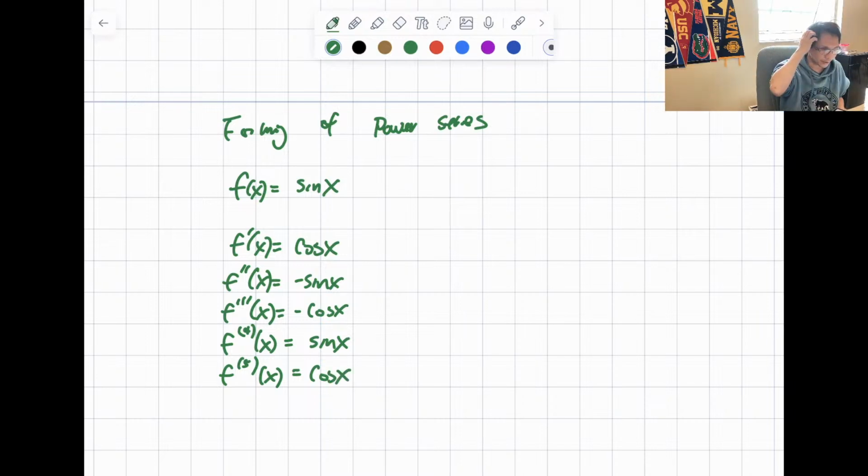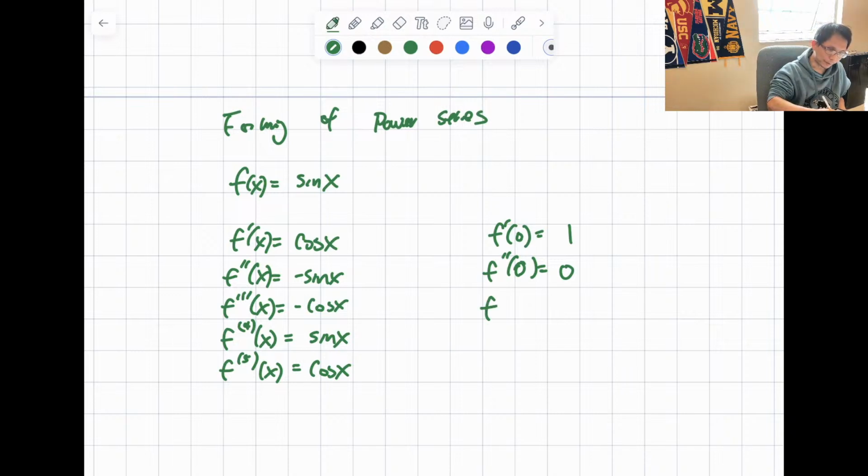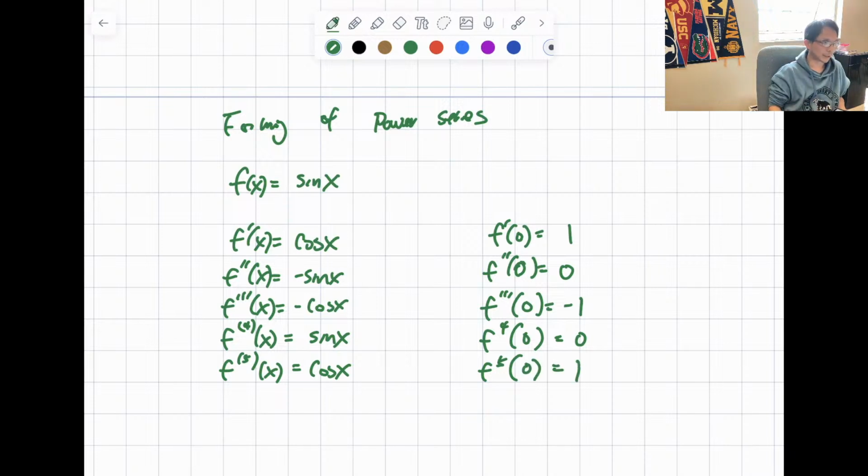We're going to plug in 0 because we want to center at 0. What happens if you plug in cosine of 0? 1. What about f double prime of 0? 0. f triple prime of 0 gives you what? f fourth of 0? f fifth? Why did you stop at 5? Because after that it's going to start repeating.